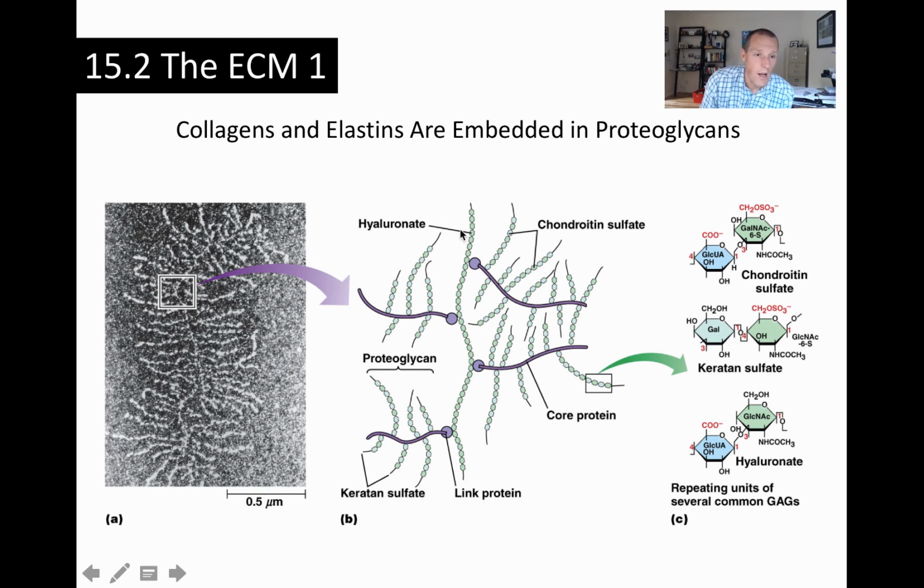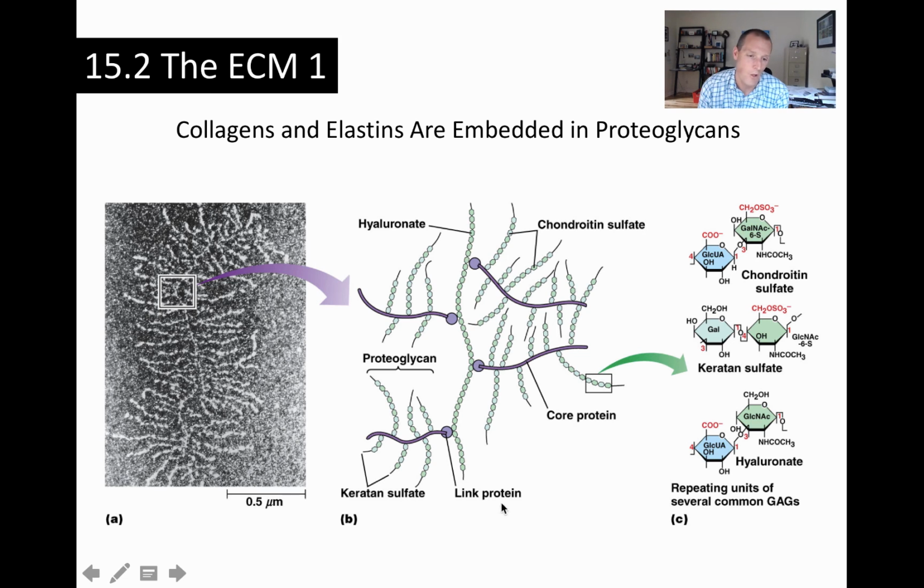So here's a hyaluronic acid, or a hyaluronate molecule. So that is a repeating disaccharide, and that's what the two sugars look like. Now don't freak out and worry about the sugar chemistry here, okay? You just need to know they're repeating disaccharides of sugars, and on some of the sugars there are sulfates. So the sugar chemistry is kind of complicated. I don't know it well myself. It's not that important.